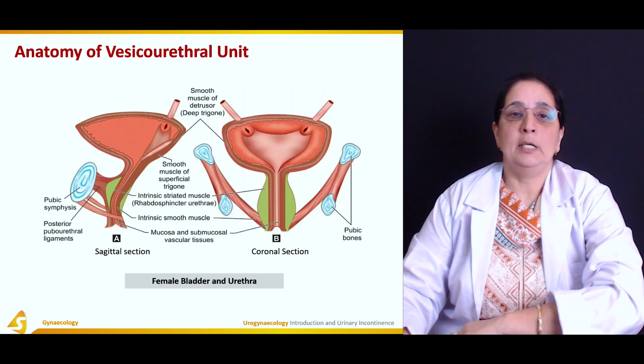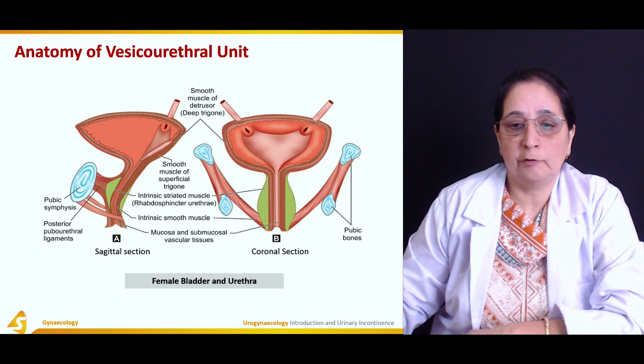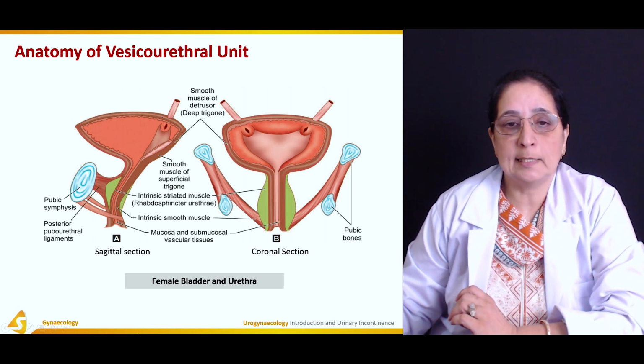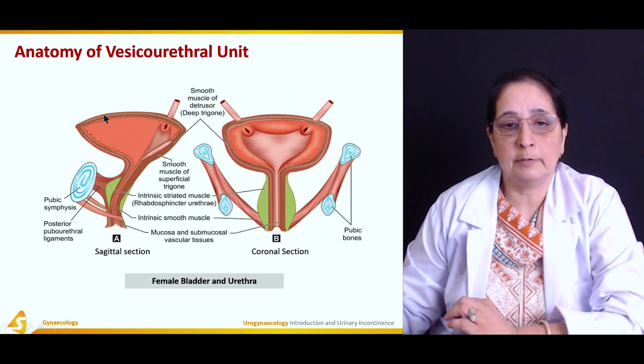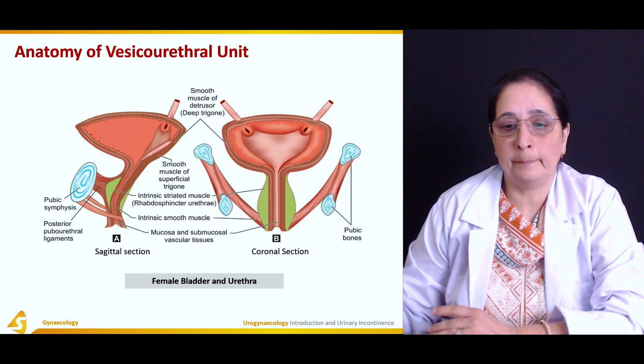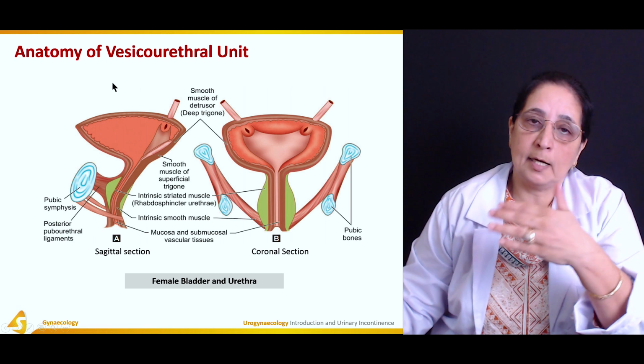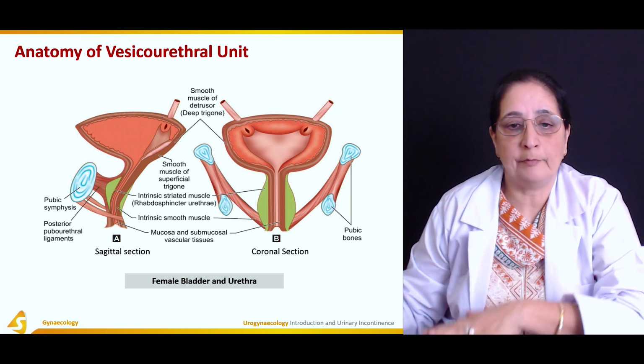So, anatomy of the vesicourethral unit. In this diagram, one is the sagittal section of the vesicourethral system, and then the coronal section. The sagittal section divides the system into right and left halves.